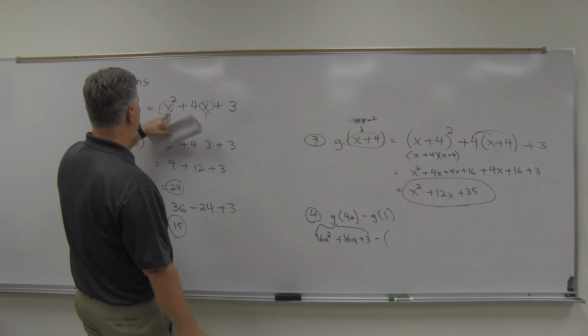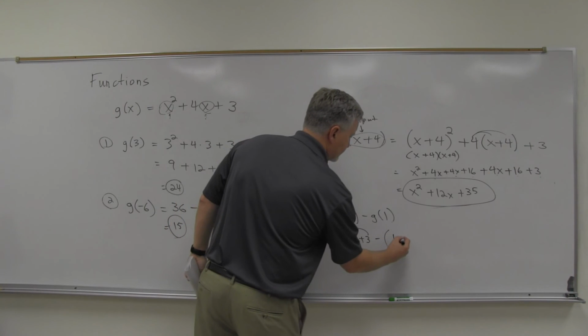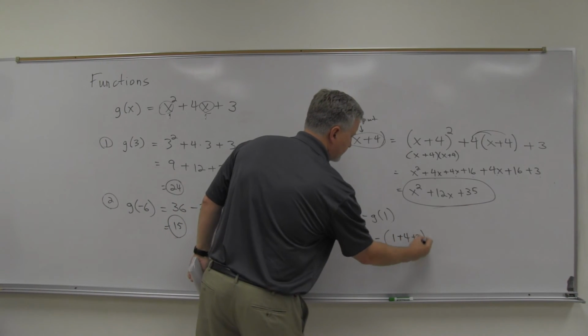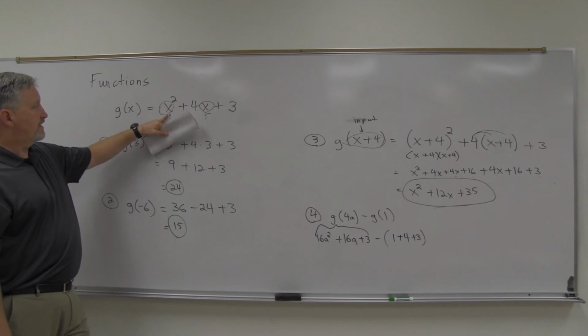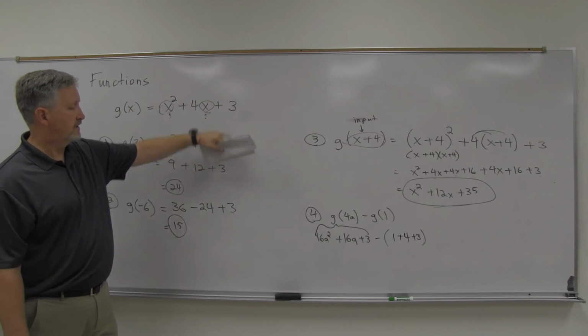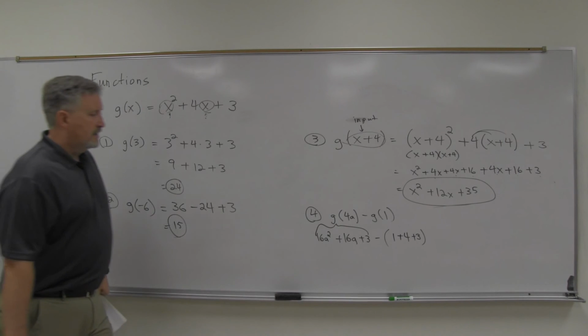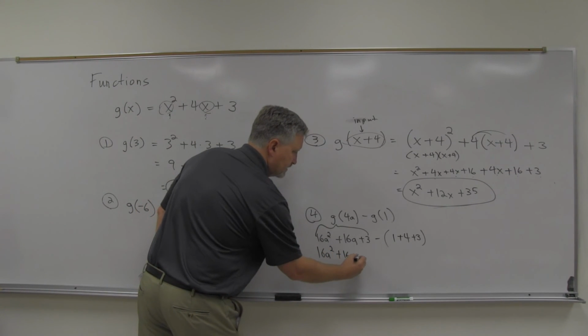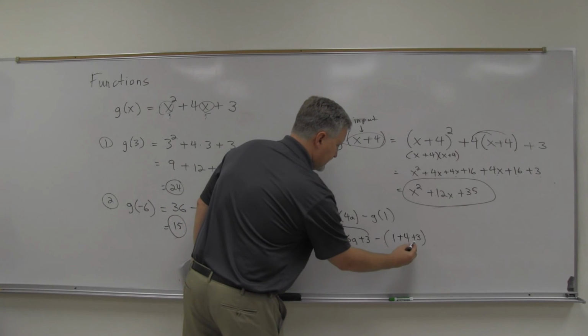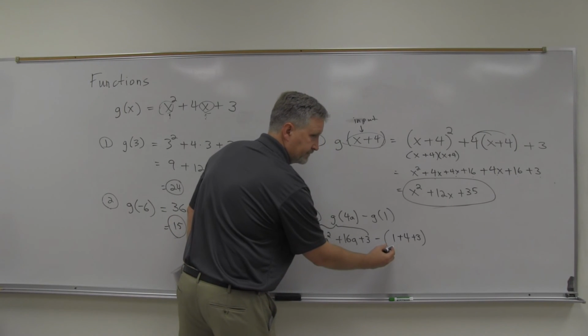Well, g of 1, just plug in the 1, you'll have 1 squared plus 4 and then plus 3. Just be careful with your signs there. So we've got 16a squared plus 16a, and what would that be? 8. 3 minus 8? Negative 5?